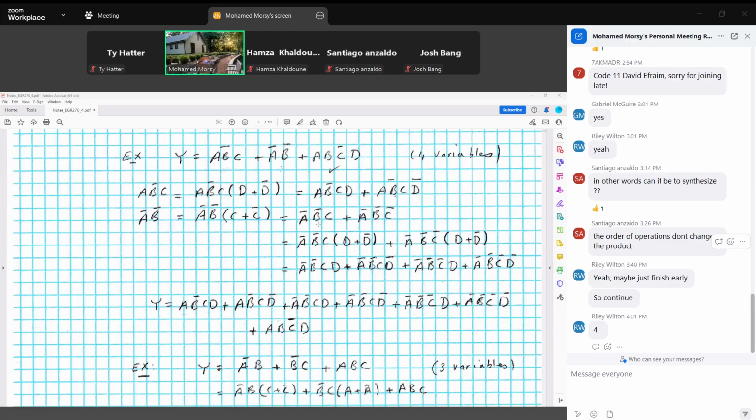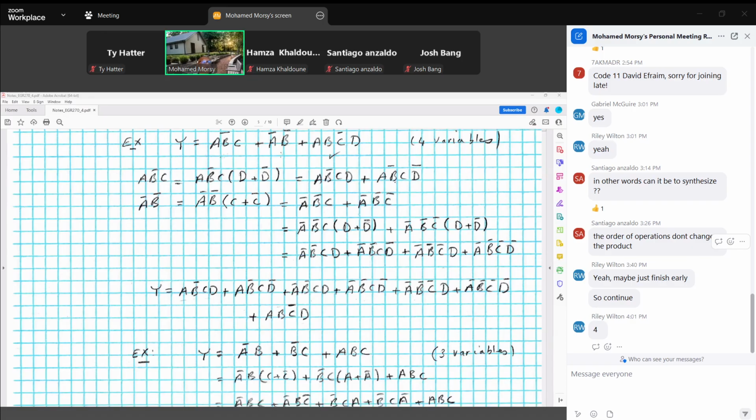So we get A inverted B inverted C plus A inverted B inverted C inverted. It's better now, not perfect, but better, because instead of two variables, now we have three variables. But we still have one missed, which is D. So take each term multiplied by D plus D inverted.